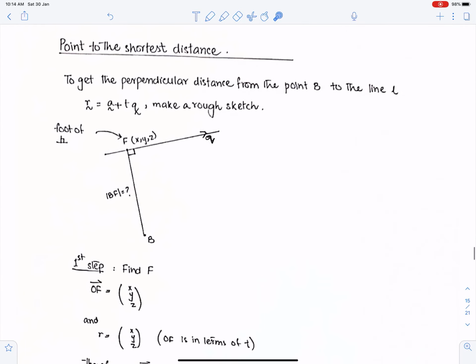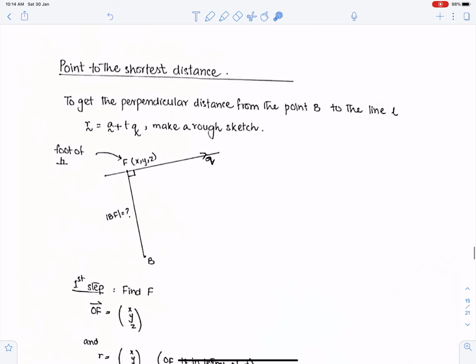This is one of the most important concepts of vectors in lines: point to line shortest distance. Shortest distance means the perpendicular distance.